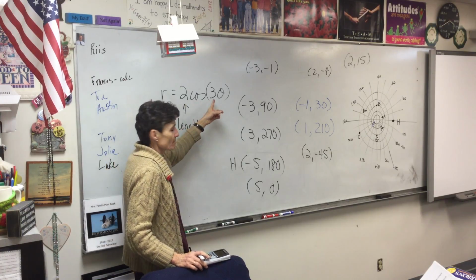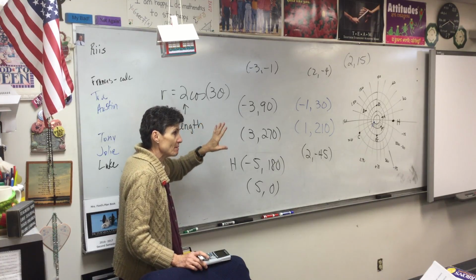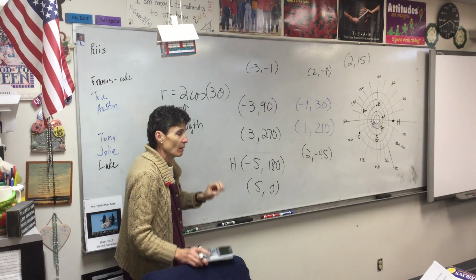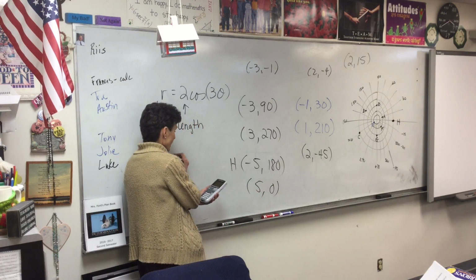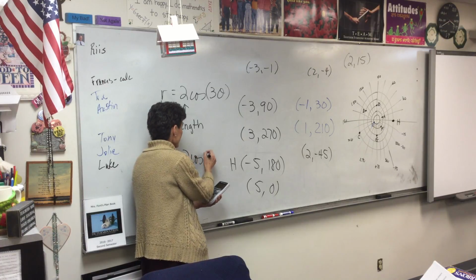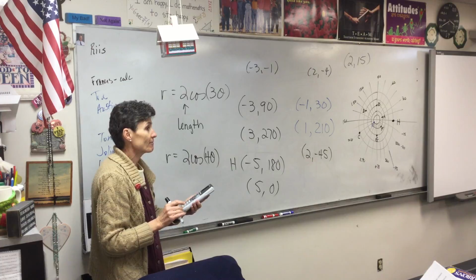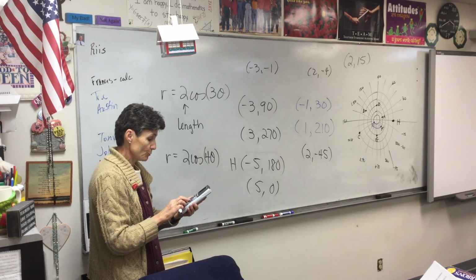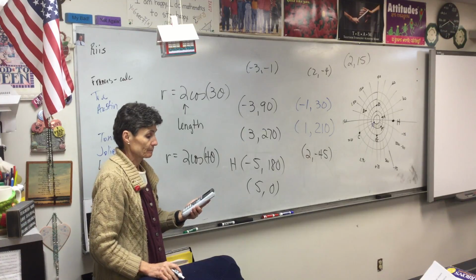Now, what's your guess about this number then? How many there are? Now, wait, before we write that down, I want you to make one change to your equation. I want you to type 2 cosine 4 theta and graph that.